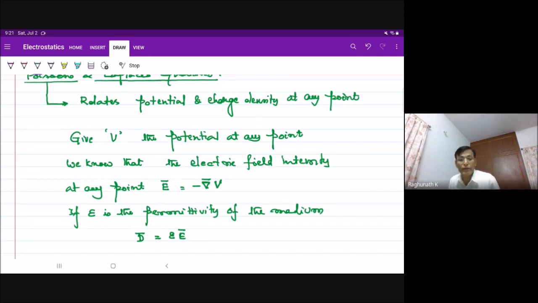At any point, D bar is equal to epsilon E bar is equal to minus epsilon del bar V. Del bar V is a vector multiplied by minus epsilon.